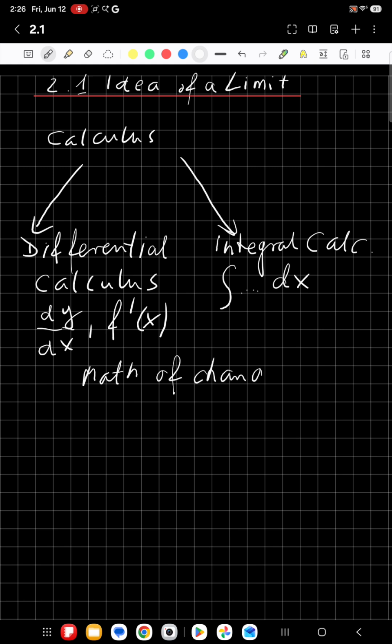So when you're studying pre-calculus, algebra, or even physics, right, before you've been introduced to calculus, we're basically dealing with things that are constant or average. Right?